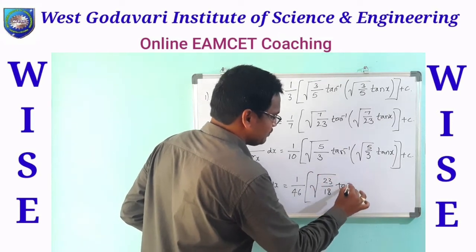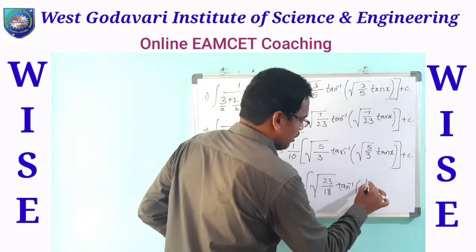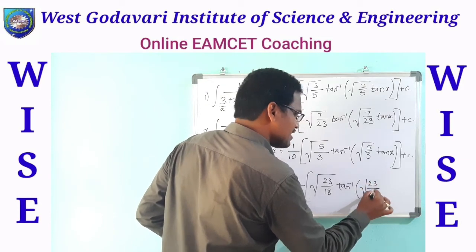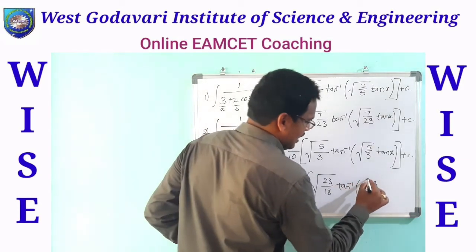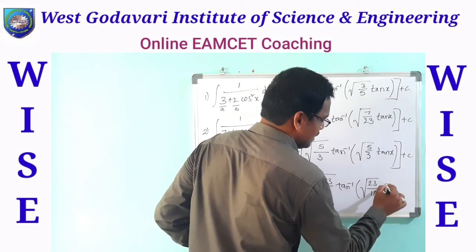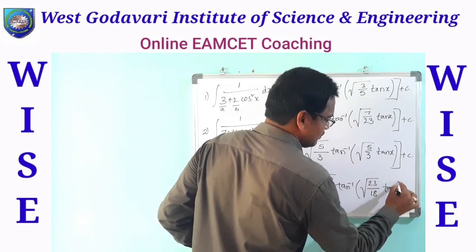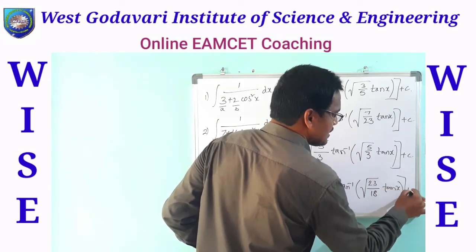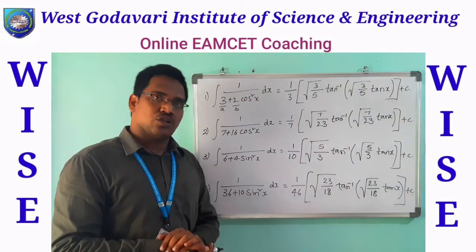Tan inverse square root of 23 by 18, or 46 by 36. I have simplified this result. Tan x plus c. That's all.